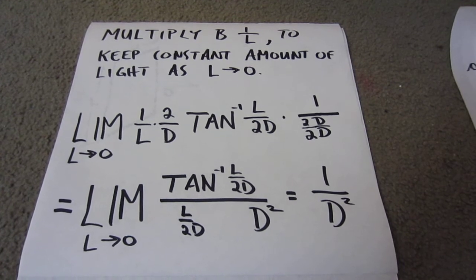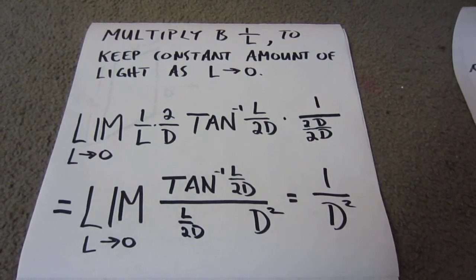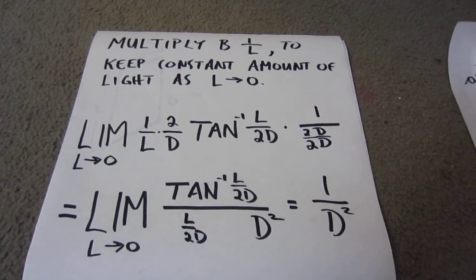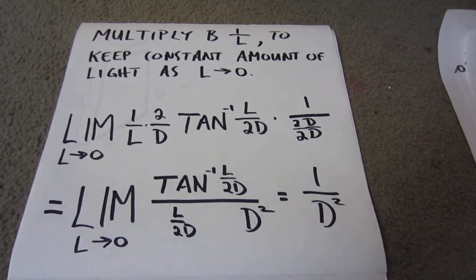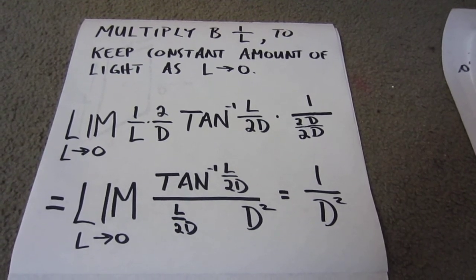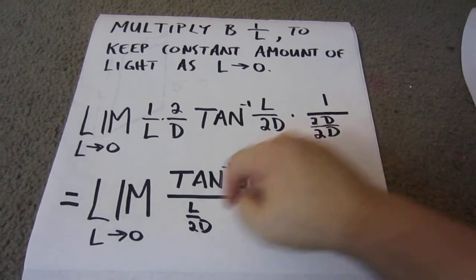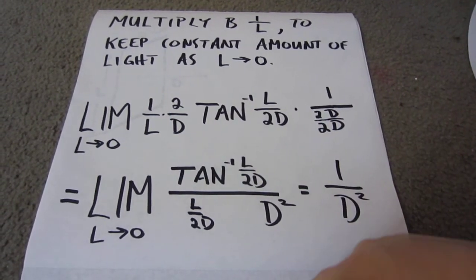And then to get ready for the next step, you multiply by 1 there as 2d over 2d. And then the 2 from the denominator here cancels with this 2.